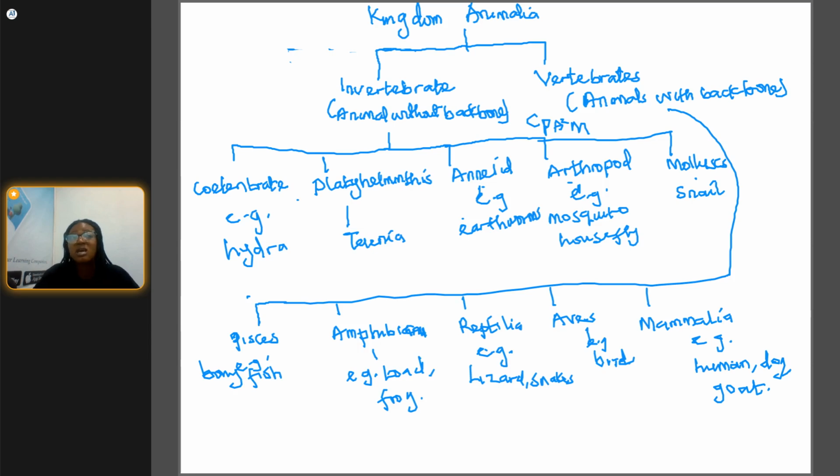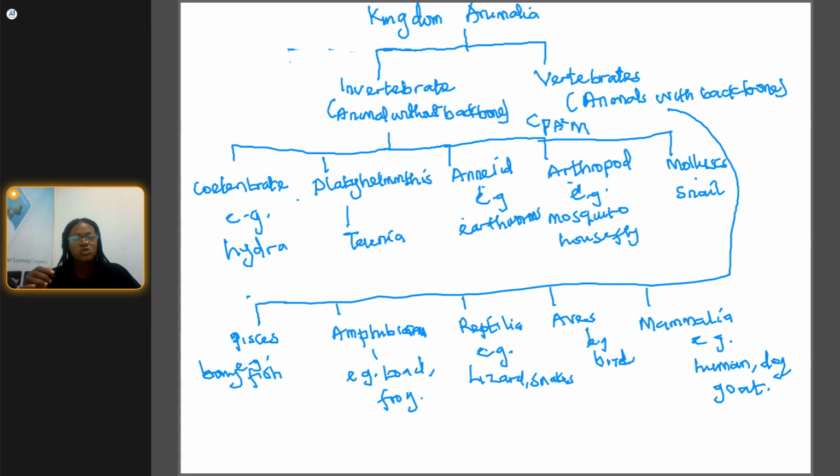This was done in 1969. Okay, so I gave you the kingdoms using a table, which is the kingdom Monera, which are the prokaryotes, and the kingdom Protista, which are the eukaryotes. I told you earlier that kingdom Monera, the prokaryotes, do not have a definite nucleus. They don't have a nucleus and they do not have definite components because they are so minute.